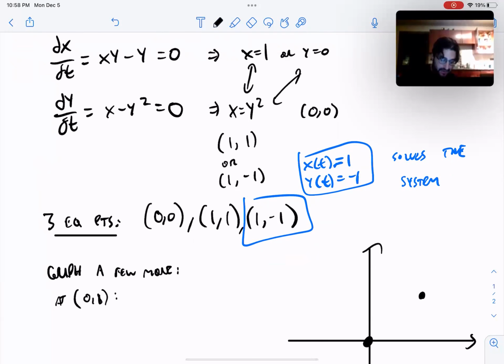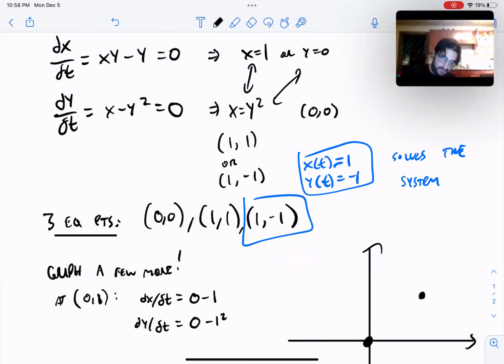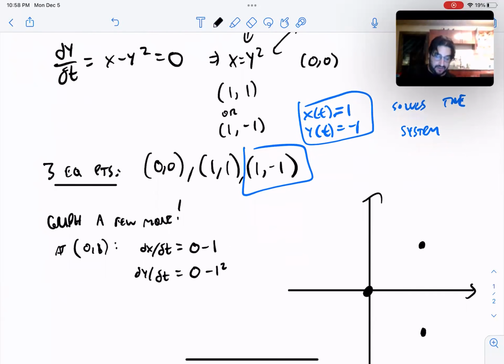Then dx dt would be 0, 1, and dy dt would be 0, 1, so I'm getting the vector -1, -1.